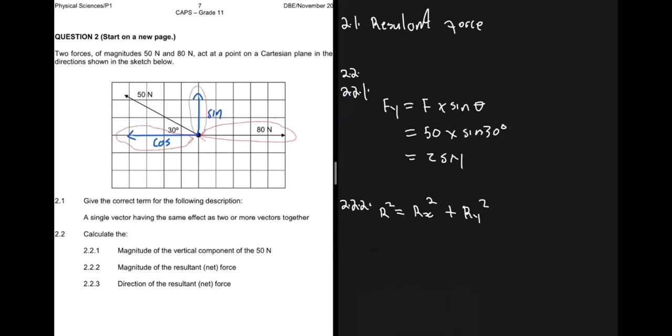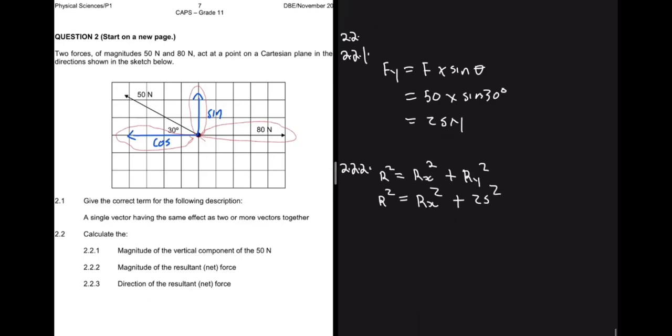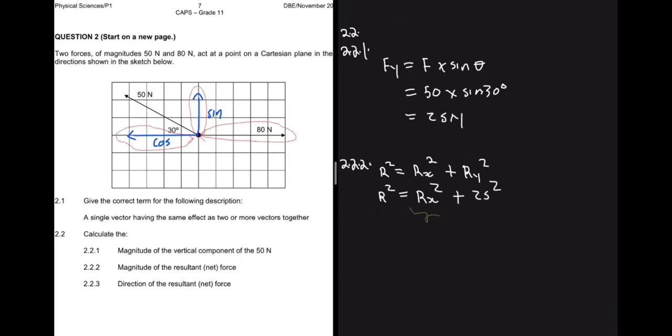So far, we can say that the resultant force squared is equal to R of x squared plus 25 Newton squared. Now the question becomes, what is R of x? That's what we are supposed to calculate. So R of x will be equal to the 80 Newton force minus the x component of the 50 Newton force, which will be F multiplied by cos of 30.